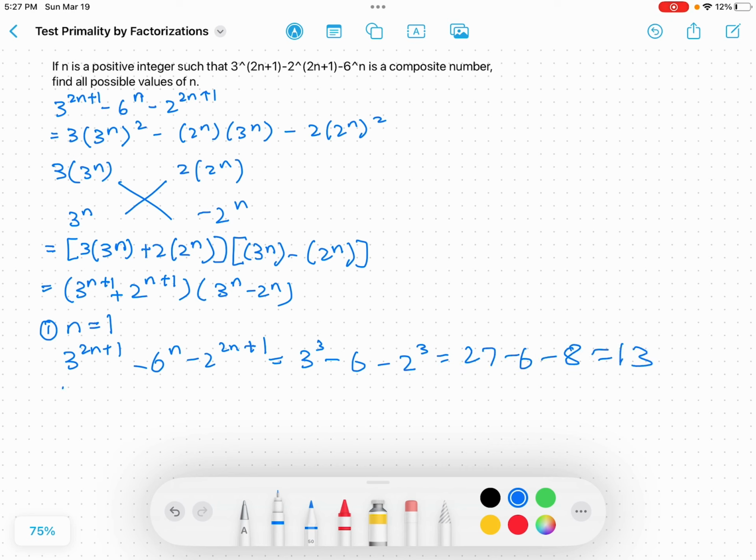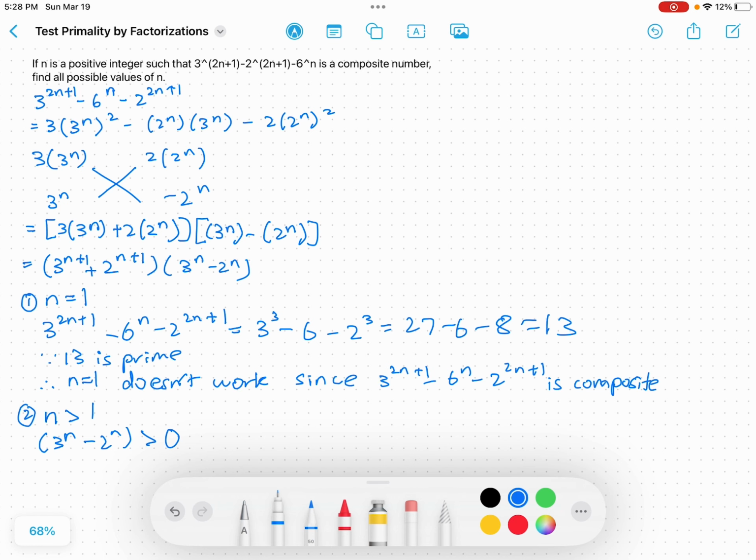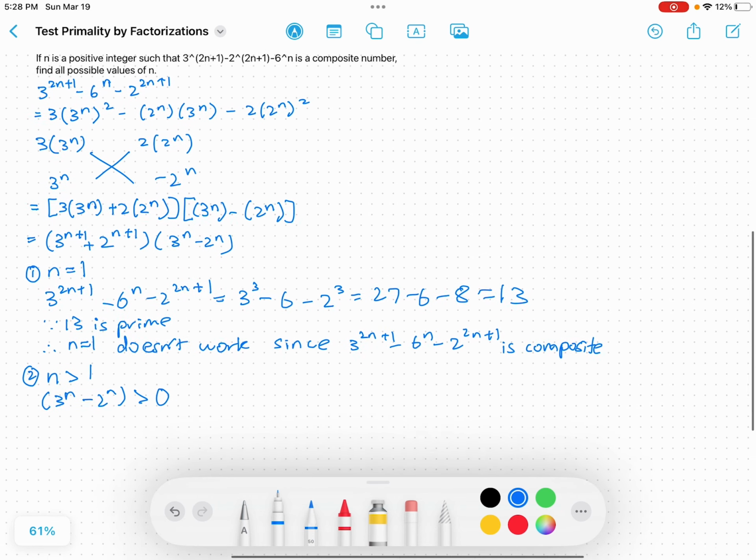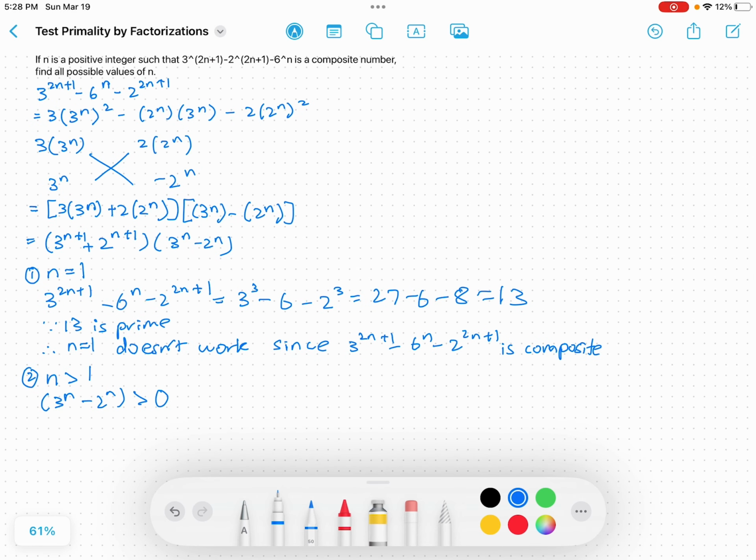And now, the second case is when n is greater than 1. When n is greater than 1, 3 to the power of n minus 2 to the power of n is going to be greater than 0. And now, we get that this will be composite. Why?